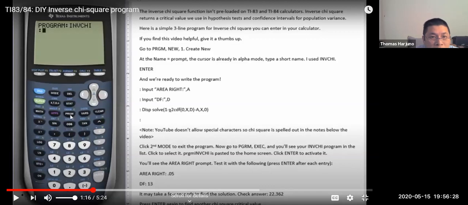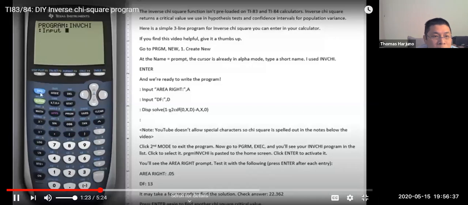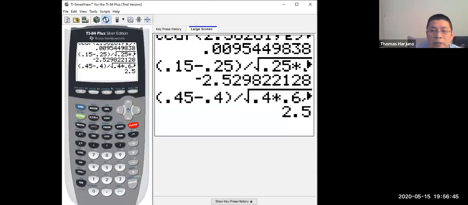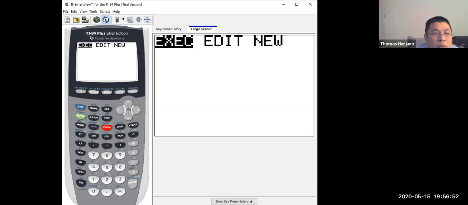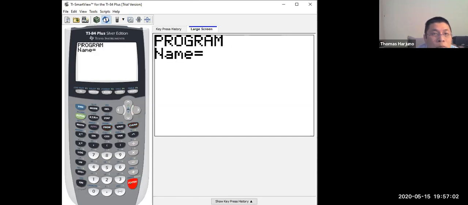So to get to this input here, how do you get input? I press program. Okay, I think I need to give it a name first. So name, create new.